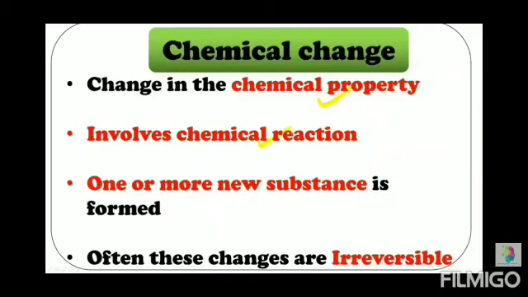While in the chemical change, the substance changes its chemical composition and chemical property, it involves chemical reaction and maybe one or more new substances form. इस change में एक से ज़्यादा नए substances बन सकते हैं और ये changes irreversible हैं.